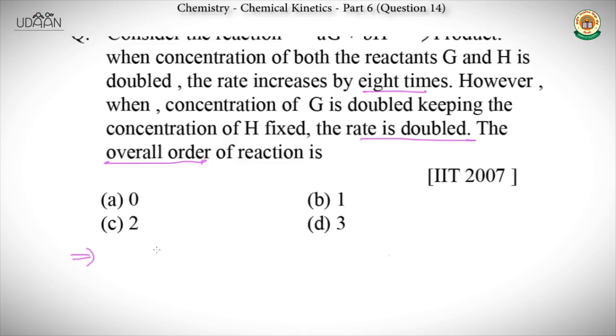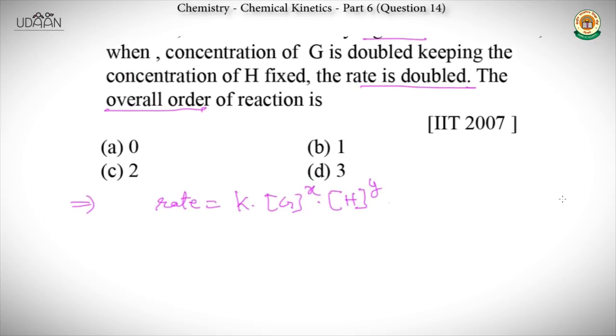So, we can write rate is equal to K multiplied by G raised to the power X multiplied by H raised to the power Y. So we are assuming the powers to be X and Y. Rate becomes 8 times when G is doubled and H is doubled.